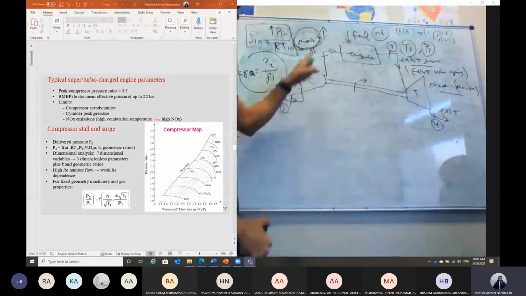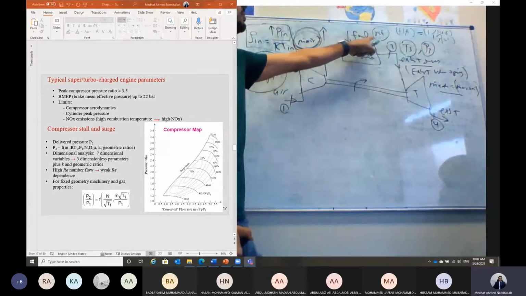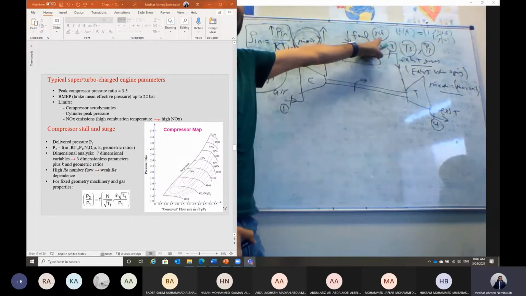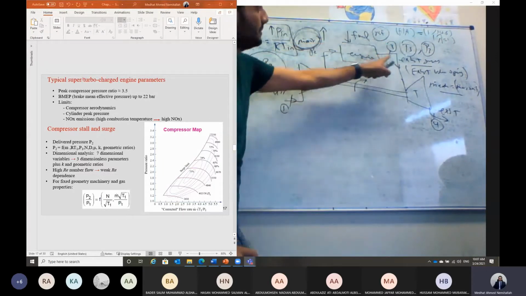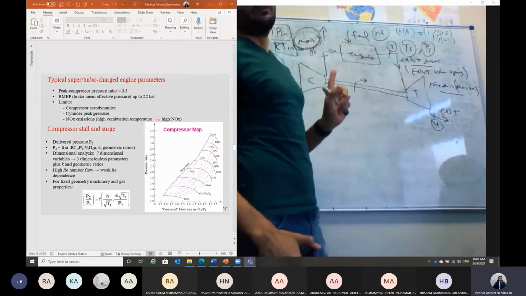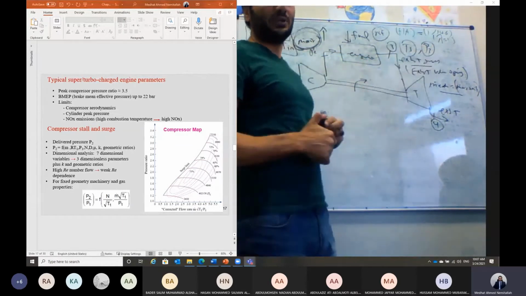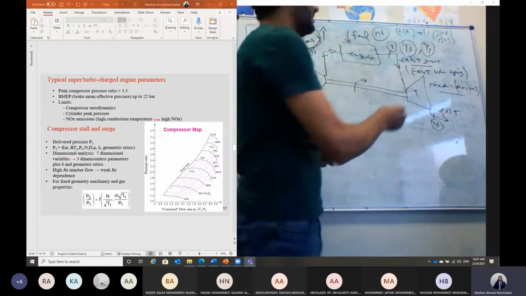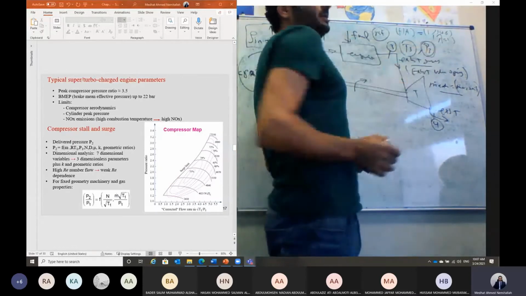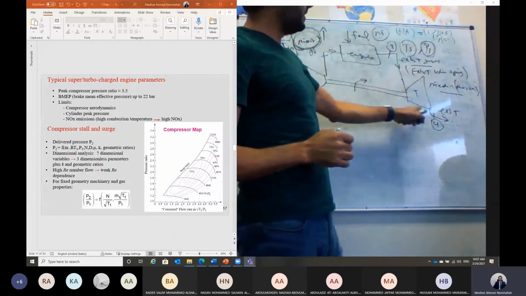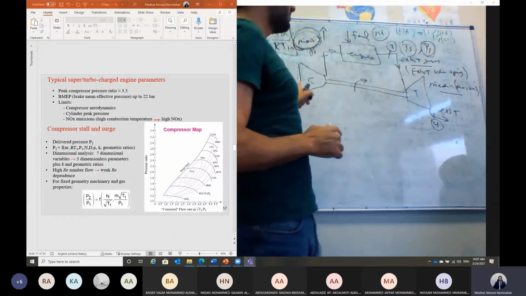So depending on the incoming mass flow rate of air, the engine will decide the mass flow rate of fuel, and also when to open the exhaust valve, at which temperature the exhaust gases will be leaving, and also at which pressure P3. Then the exhaust gases under high pressure P3 will be expanding through the turbine to drive the turbine.